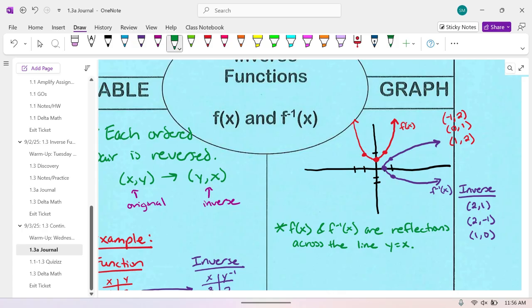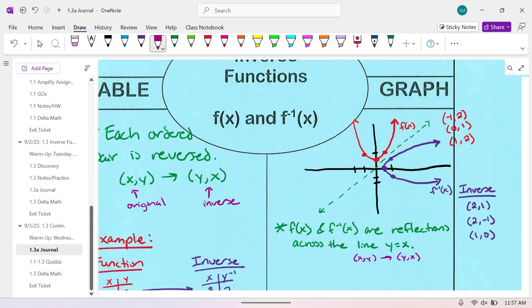But if you draw the line y equals x, which is just a diagonal line with a positive slope of 1, and it goes through the origin. All right? Literally the generic linear graph. The rule for reflecting across y equals x is literally if you start with (x, y), the reflection will be (y, x). So it's literally the same rule as it is for inverses. It just means switch x and y.